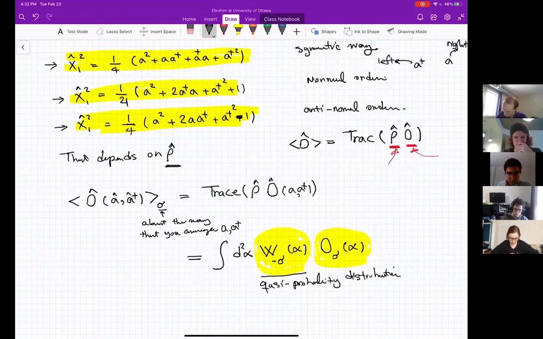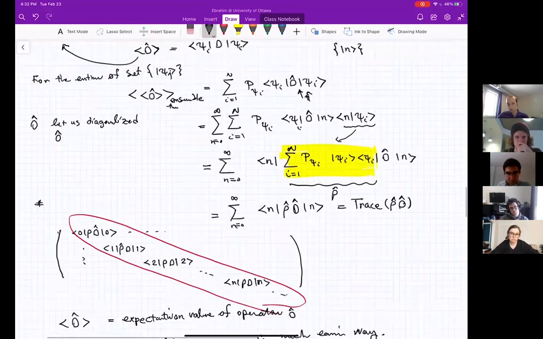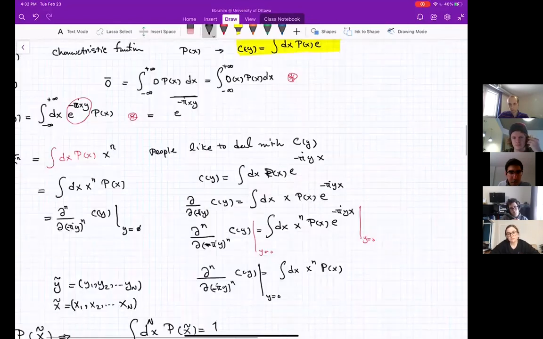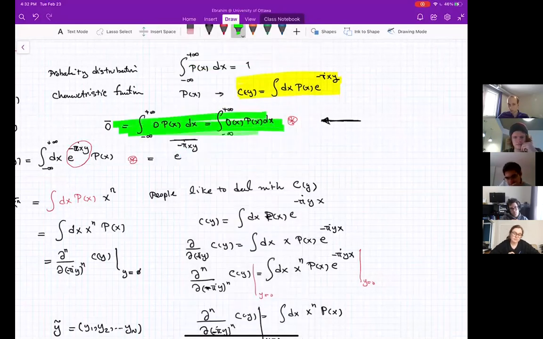Do you remember the classical one? We just described that in the classical way. Let's go back. Do you remember this classical one? This is a classical probability that we had. What we have written is similar. The only thing that has changed is that P is replaced by W, and X is changed to be in a two-dimensional way.